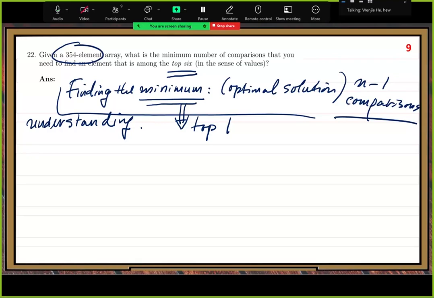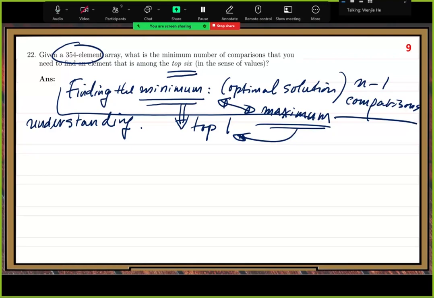Finding the minimum, you can change to maximum, and the solution is similar. Maximum is top 1. Finding the maximum, how many comparisons? Still N-1 comparisons. Change the minimum to maximum first. What's the maximum? Top 1.